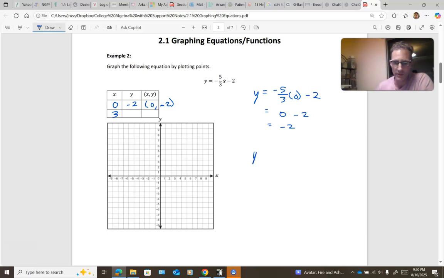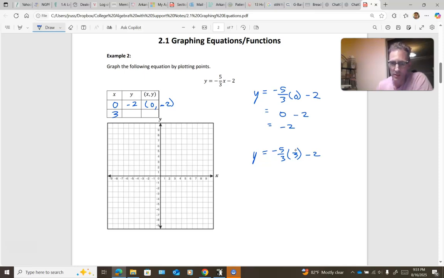So I'll do the same thing. I'll have y is equal to negative 5/3 times 3 minus 2. The reason you want to choose a multiple, guys, is because this 3 is in the denominator, and this 3 is essentially in the numerator. So this is like 3 divided by 3, which is 1.